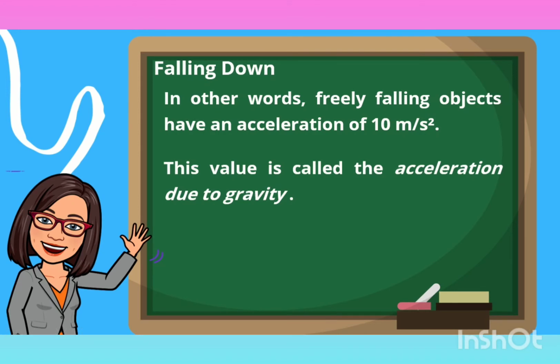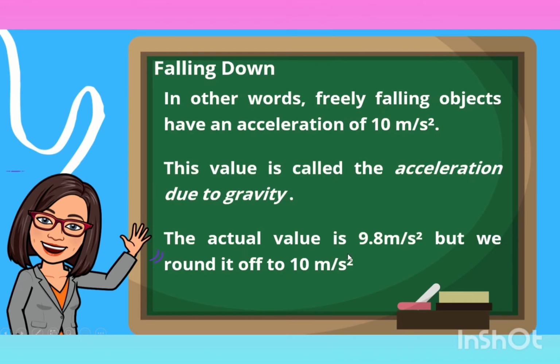So we can say that freely falling objects hindi na-apektuhan ng air resistance at tanging gravity lang ang nakaka-affect dito ay mayroong acceleration na 10 meter per second squared at tinatawag ito acceleration due to gravity. Nag-a-accelerate siya, nagbabago yung bilis niya because of the pull of gravity.